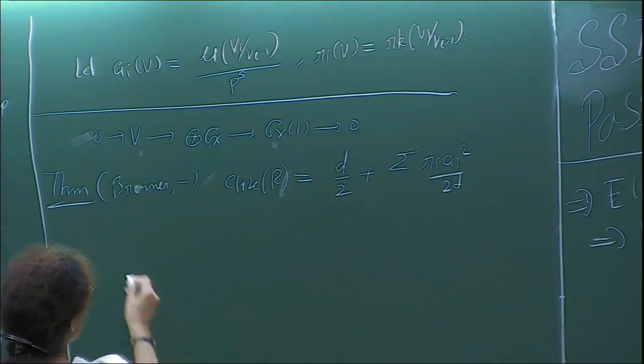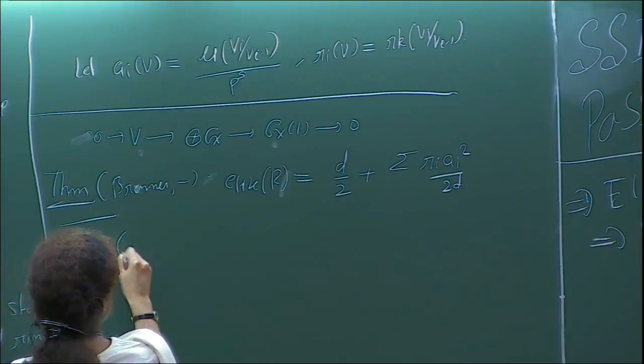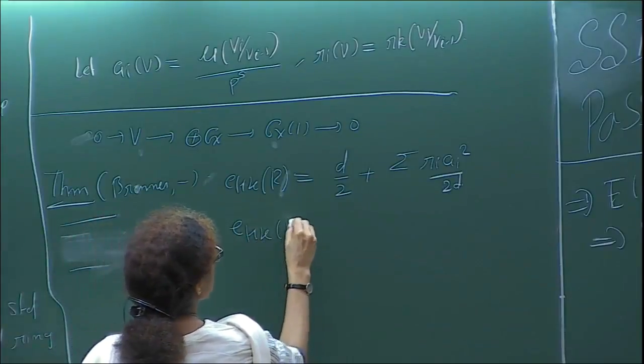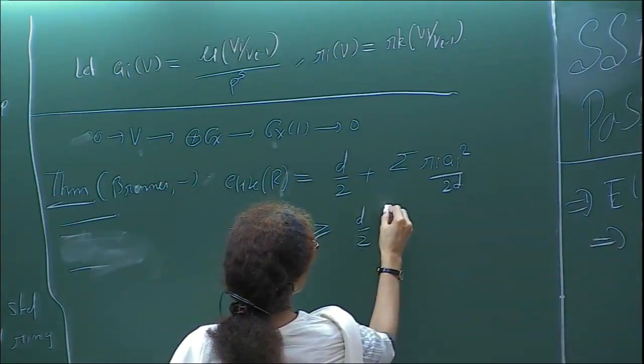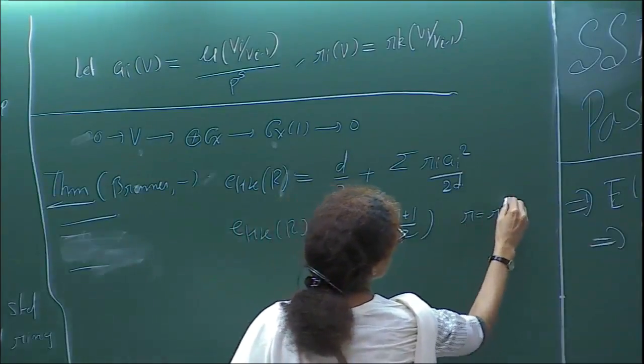Not only that, you also proved that e_HK of R is always greater than or equal to this number, d/2 times (r+1)/2, where r is the rank of the vector bundle.